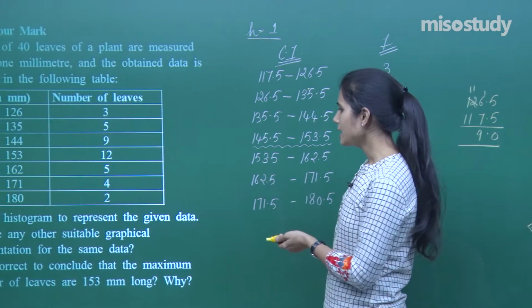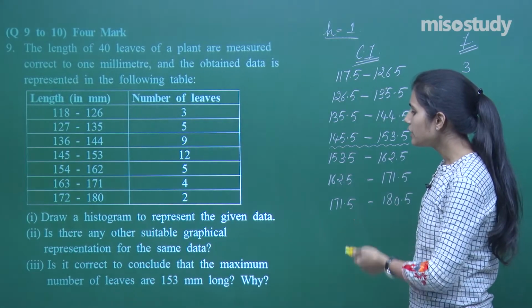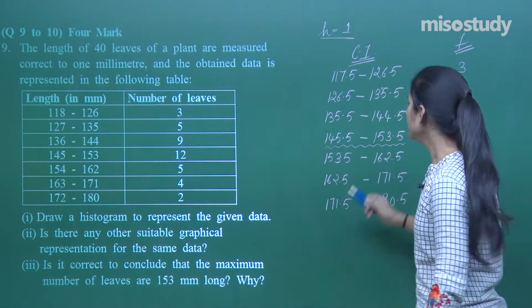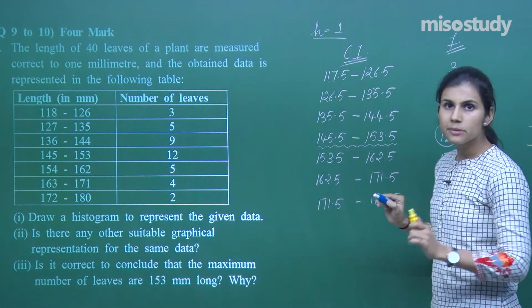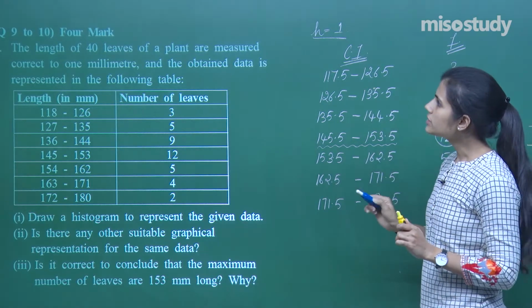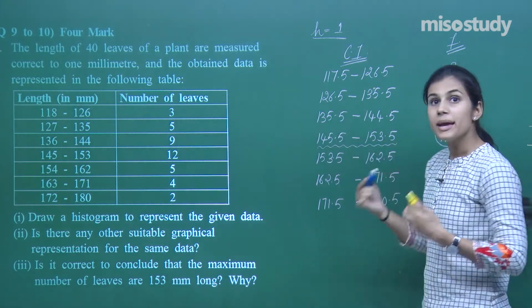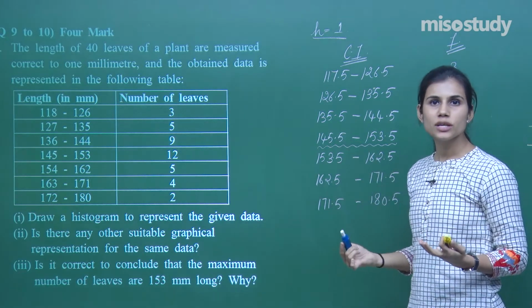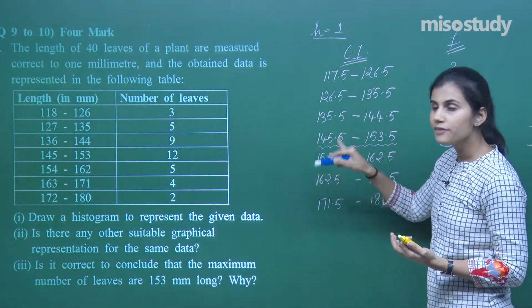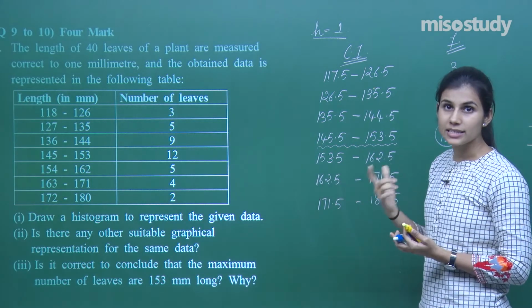Can we say that maximum number of leaves are 153 millimeters long? Yes, 12 is the maximum number of leaves whose length is lying in this range. But in this range, many values are lying, 9 values are lying, 145.5 up till 153.5, class size is 9.